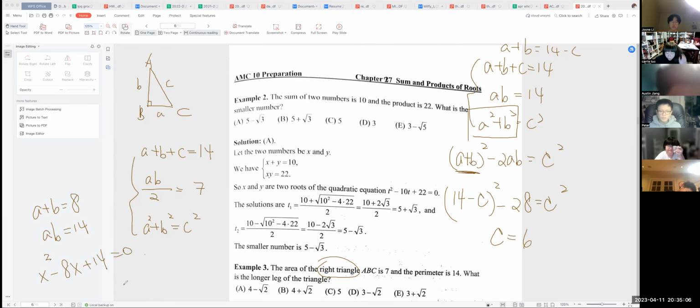So if you are here, you can get x1 and x2, because I know it's impossible to factor them. x equals negative b, which is positive 8, plus and minus the square root of 64 minus 56, over 2, which I calculated equals 4 plus and minus the square root of 2.